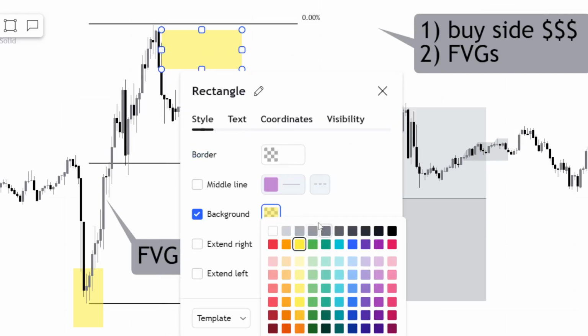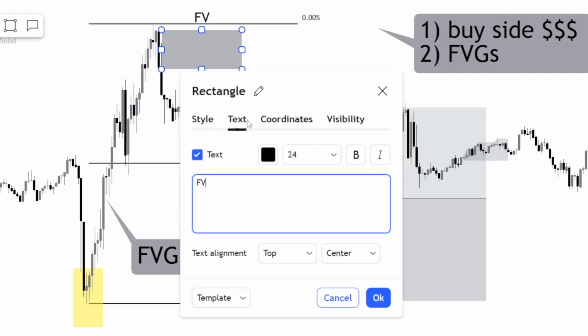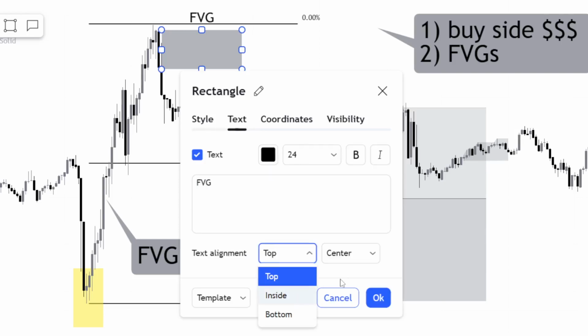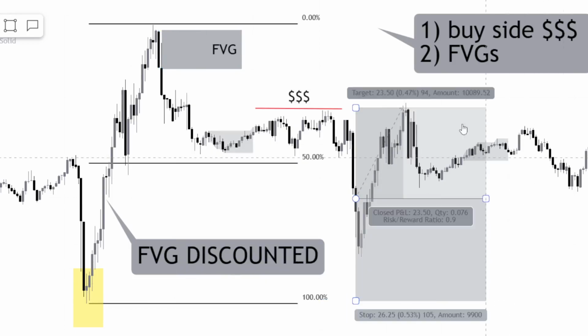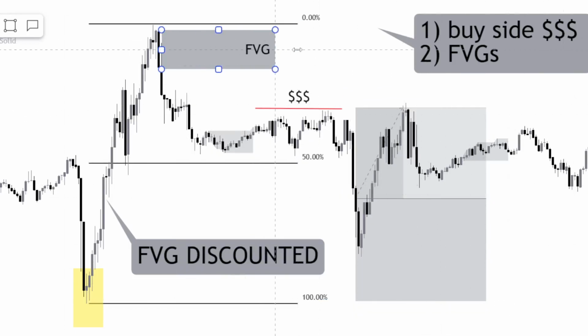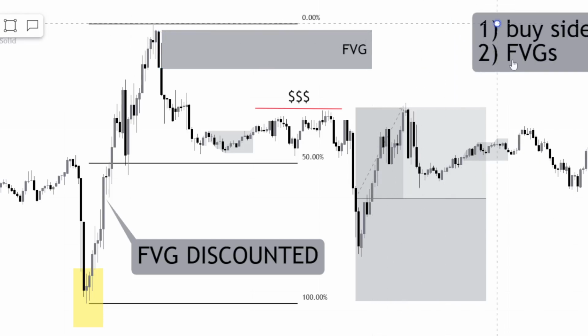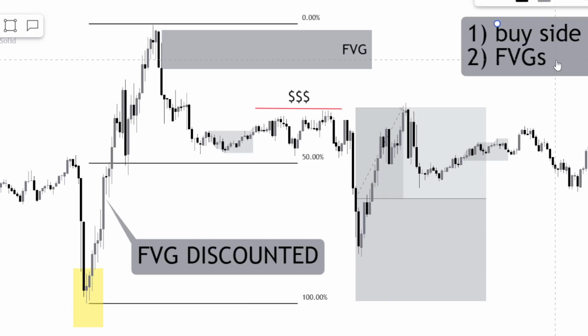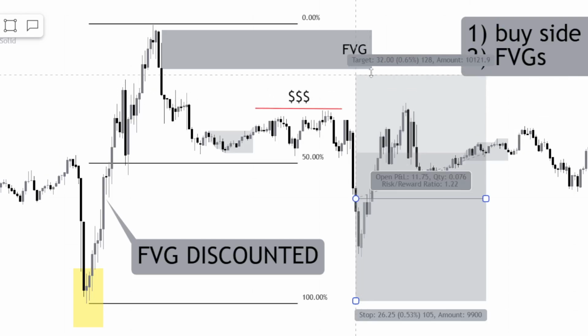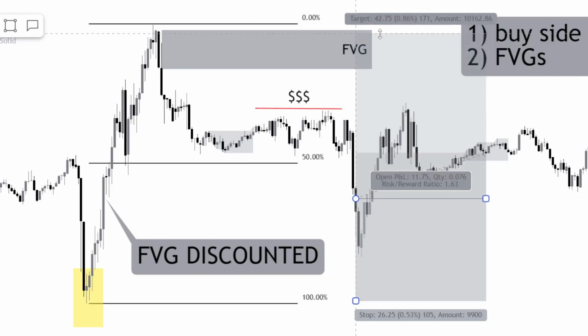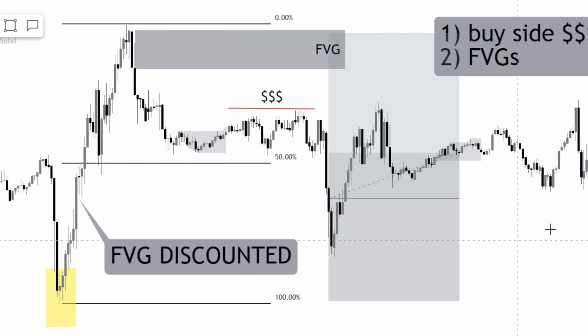But in gray, we have a fair value gap. Now, the market will aim to sweep buy side liquidity and target fair value gaps simultaneously more often than not. And that's just how IPDA works. The interbank price delivery algorithm moves up for two reasons: to target buy side liquidity and to target inefficiencies and fill the inefficiencies, right? And that's exactly what price has done as it's moved up.